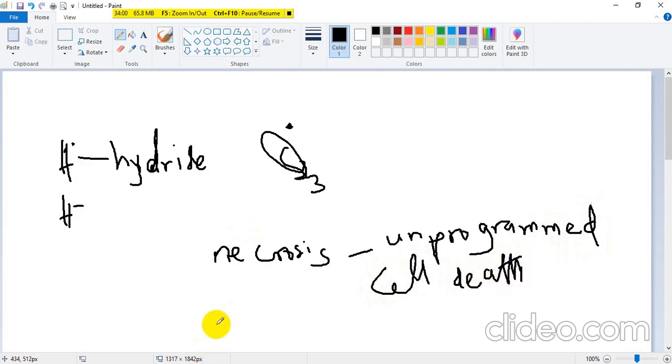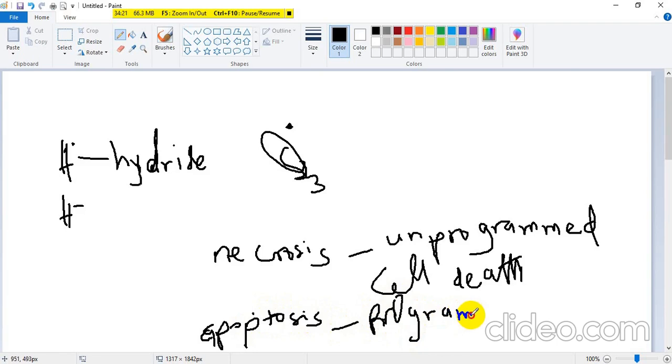But apoptosis is defined as programmed cell death. That is, the white blood cells or the red blood cells have been programmed to have a lifespan of 120 days. They are supposed to die by 120 days.